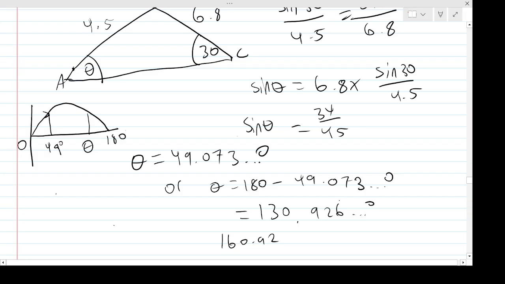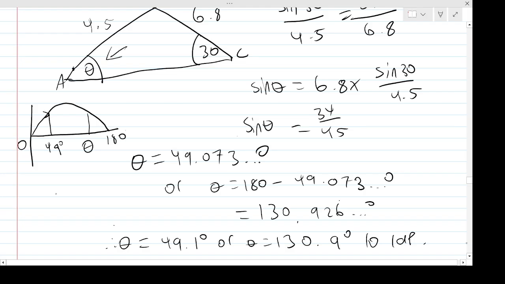That's below 180, so actually that's a valid solution here. So I've got two solutions. So therefore theta is either 49.1 degrees or theta is 130.9 degrees to one decimal place. Okay, so those are my two possible angles in this case for theta there.